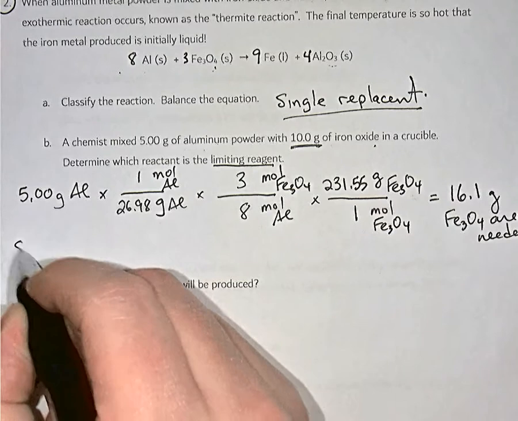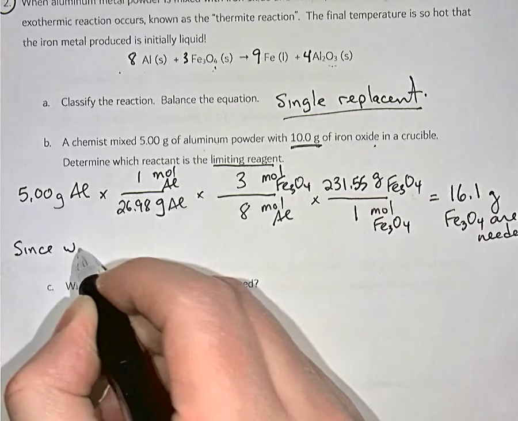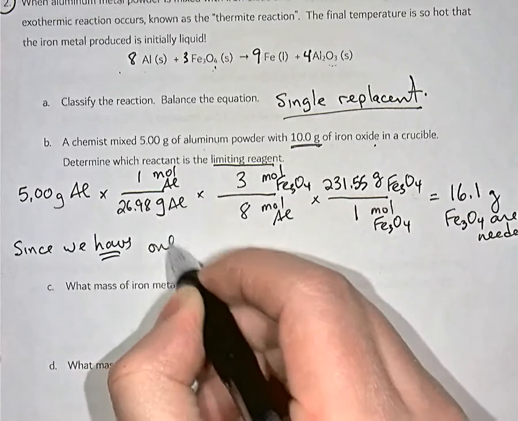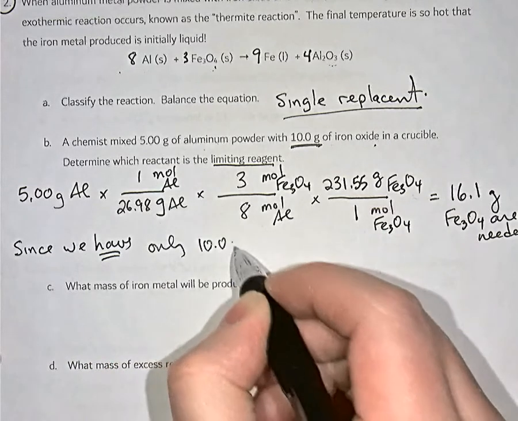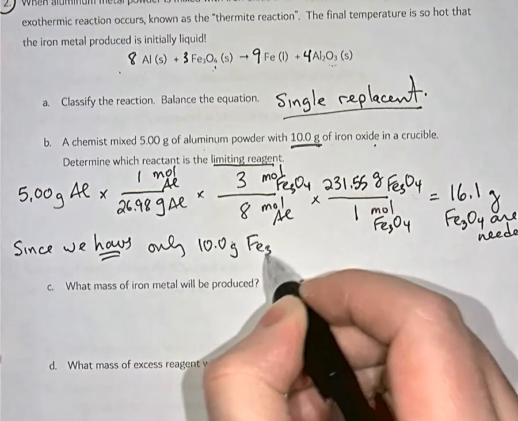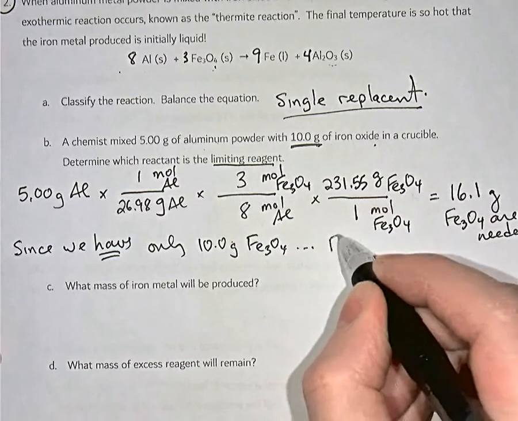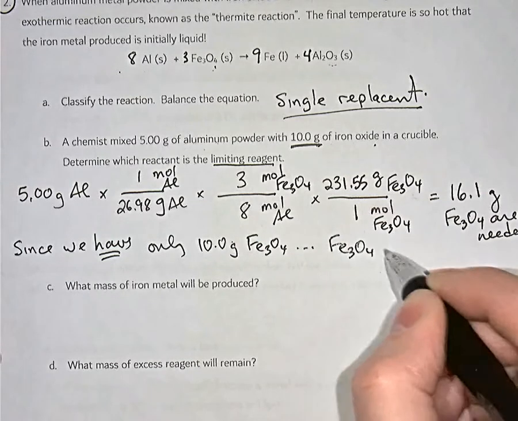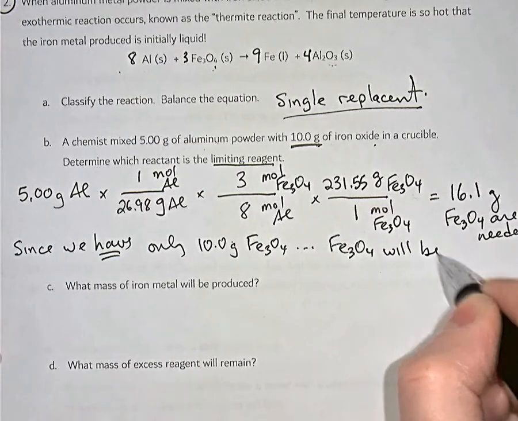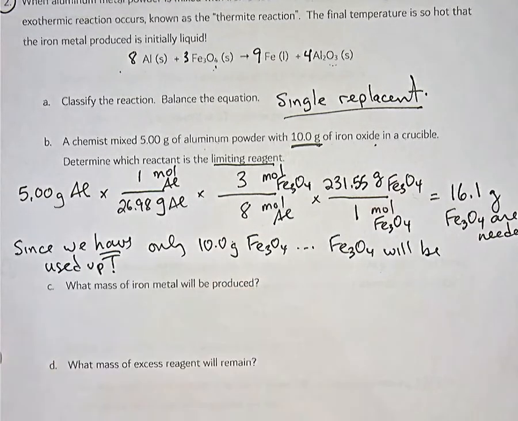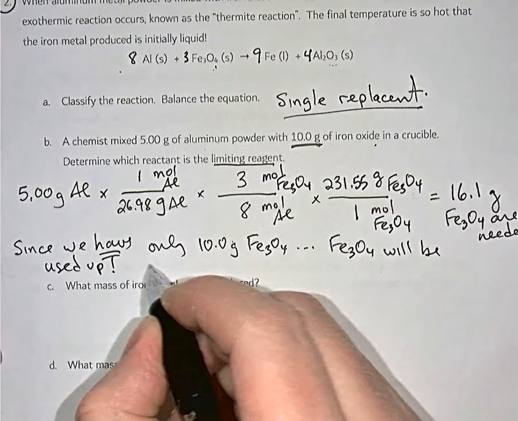Okay, so since we have only 10 grams of the iron oxide, that means we don't have enough iron oxide to use up the aluminum. The iron oxide will be used up. The reactant that gets used up is the limiting reagent.